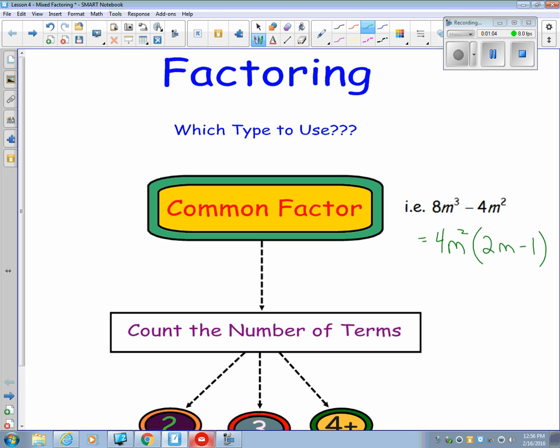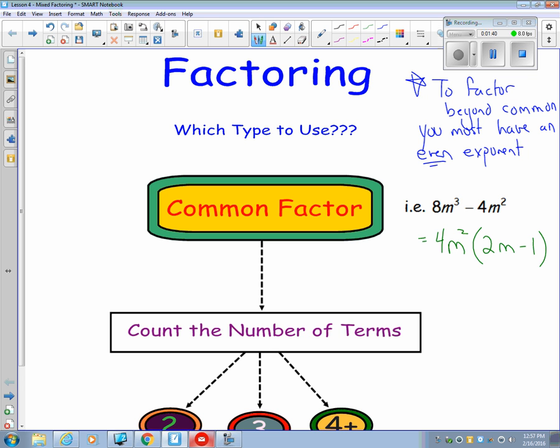Okay. And then you want to start checking your brackets. Can I go further? Now the question you have to ask when you always factor is, can I go further? So maybe put a star up at the top of your flowchart here. To factor beyond common factoring, you must have an even, that's the key there, even exponent as the largest exponent.